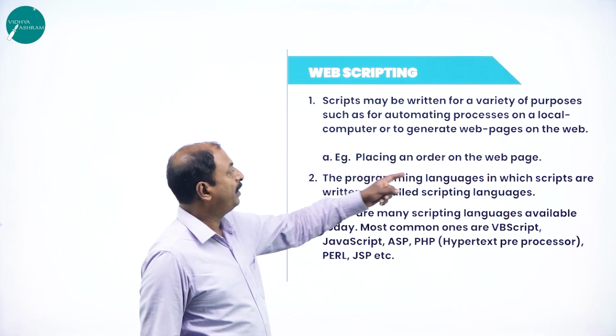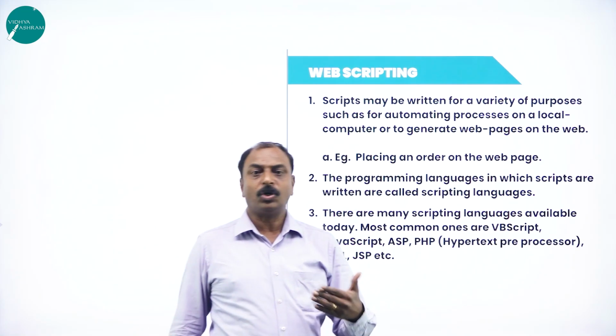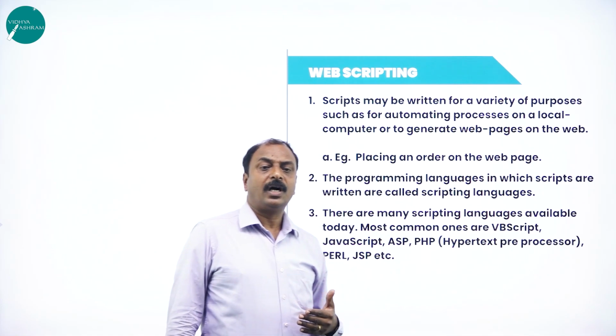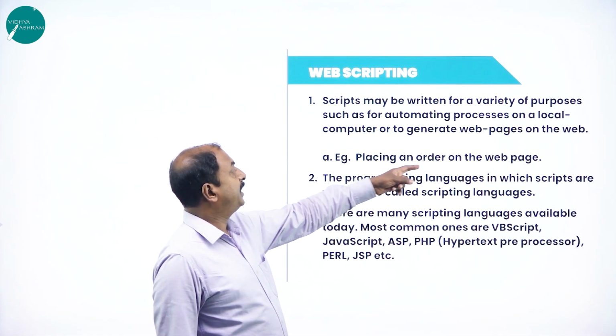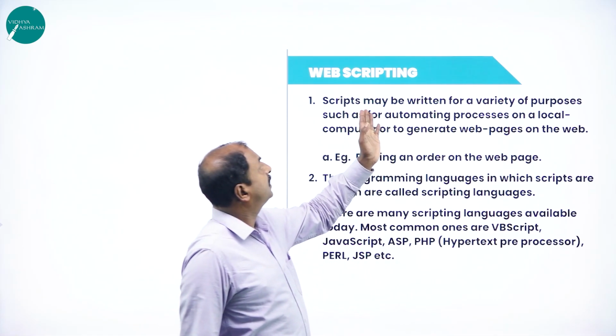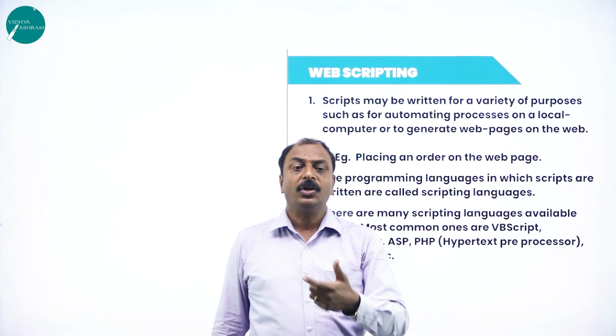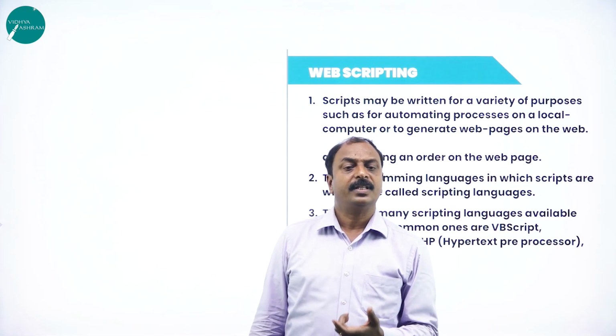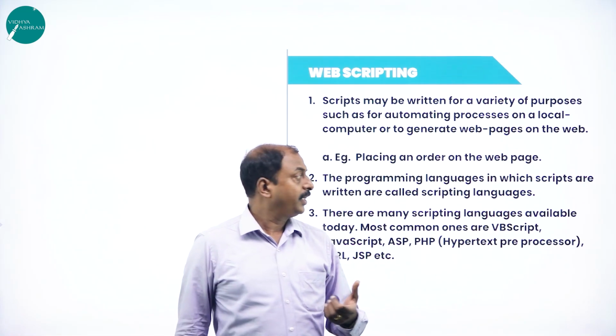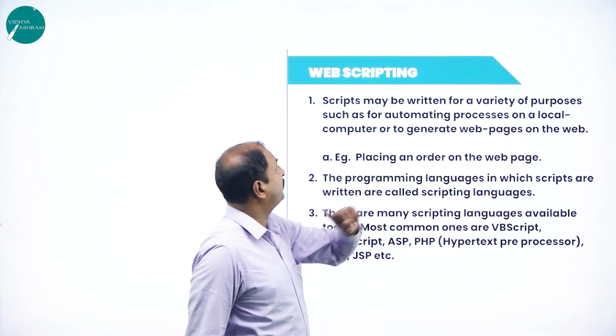You might be familiar with different online shopping sites, where you place orders for different items. That is an example of web scripting, an application within the website that the user can make use of.